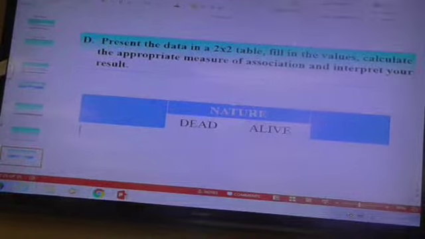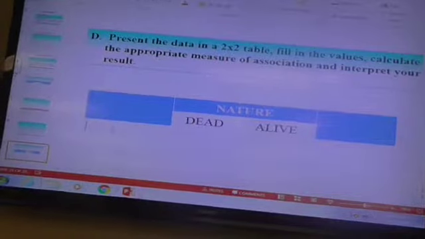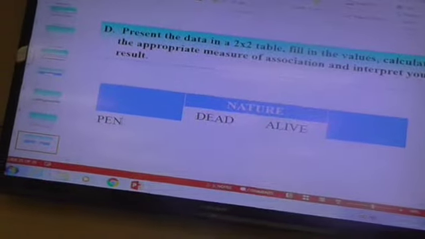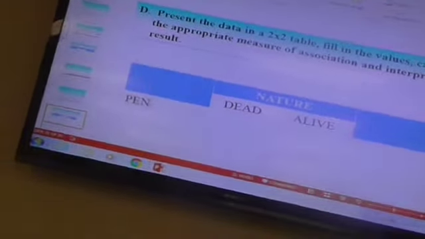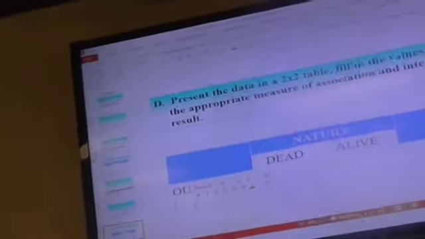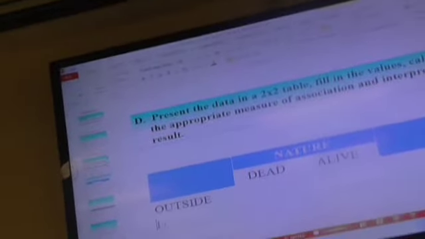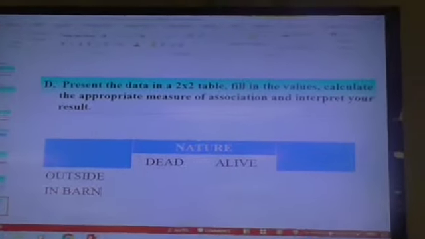If I just say in a pen or outside, that is not really enough, or in barn. So we always have to identify the factor that we are talking about. If we just say risk factor, that is not enough. What is our risk factor here?